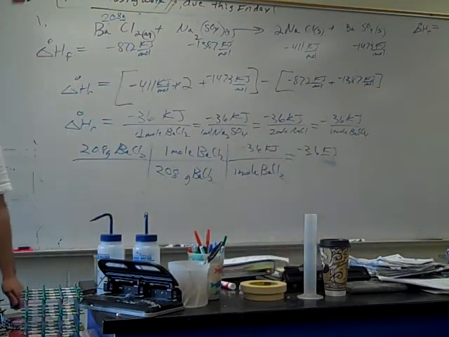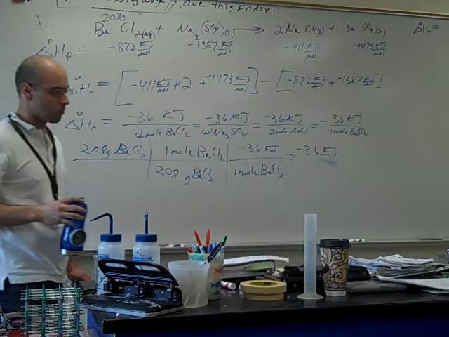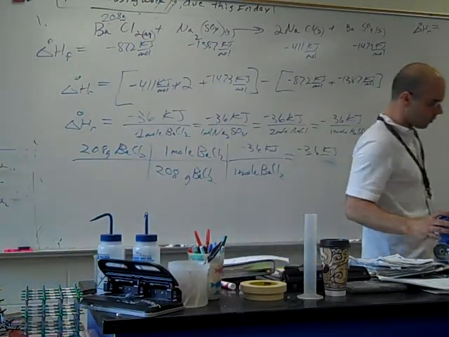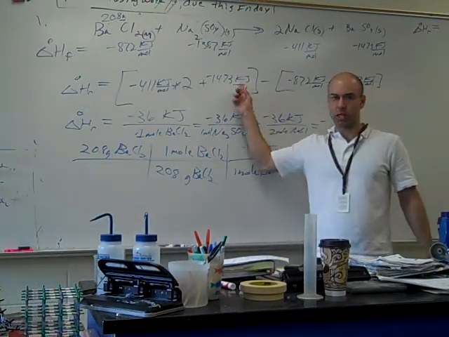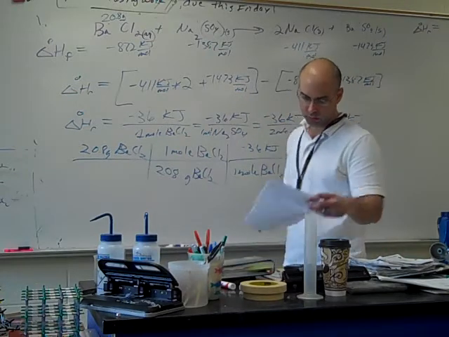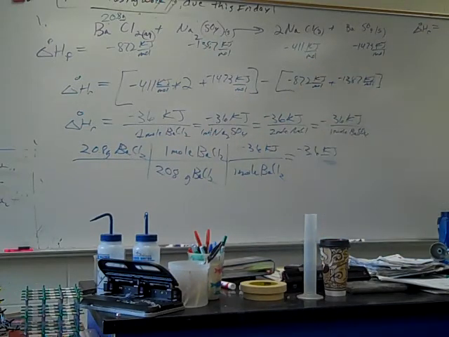The paper says negative 3.65, but I'm not sure how you end up with 3 figs. Oh, I know, because I probably went out to a decimal point. Any questions on number 1?